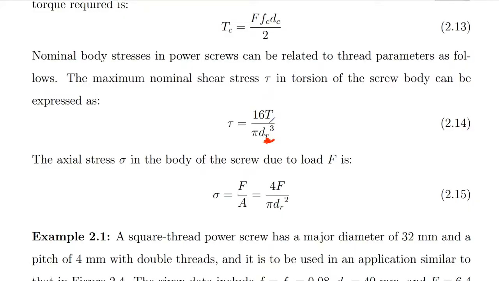The root diameter of the screw is dr. Then T is the torque on the screw, which is the torque needed to turn the screw. So either the torque to raise the screw or to lower the screw, that is T. So we have 16T divided by pi dr cubed as the shear stress in the screw member.